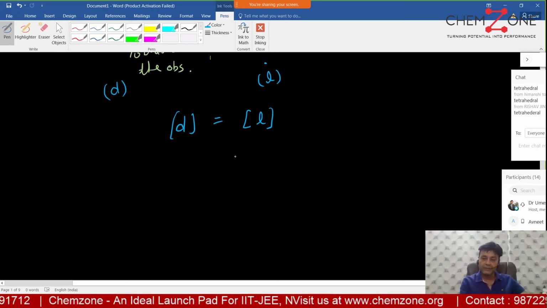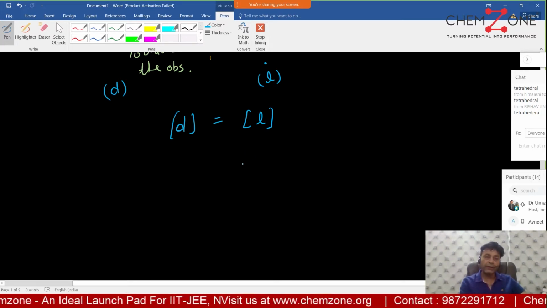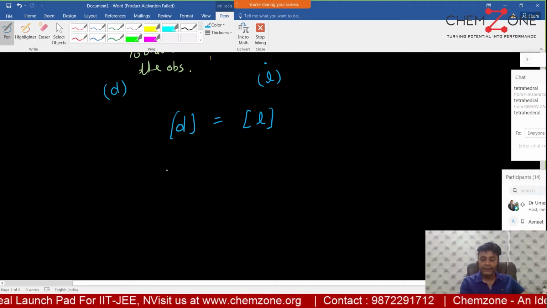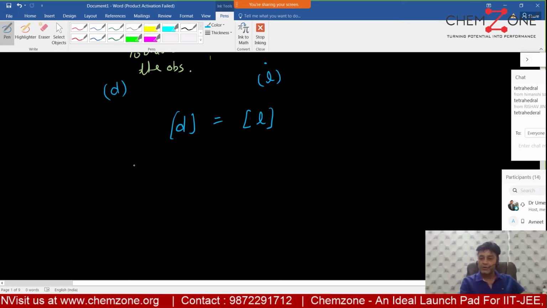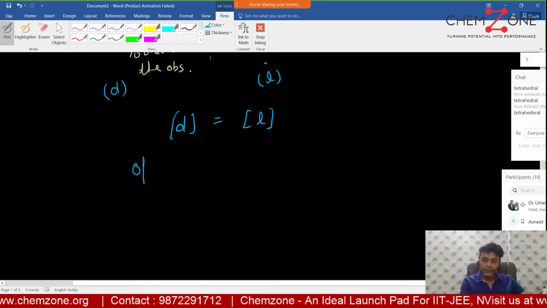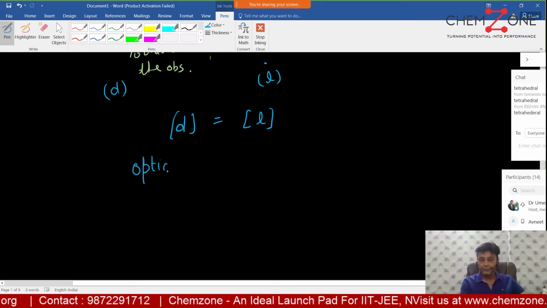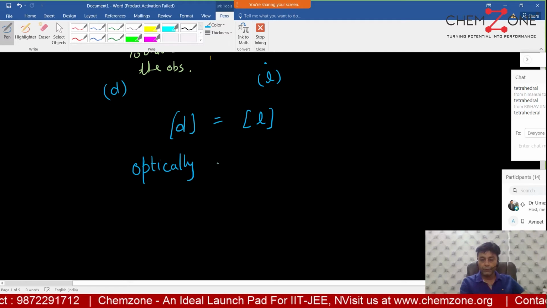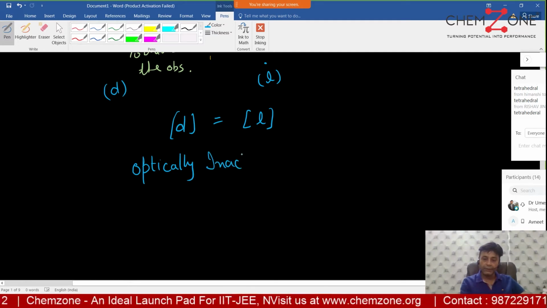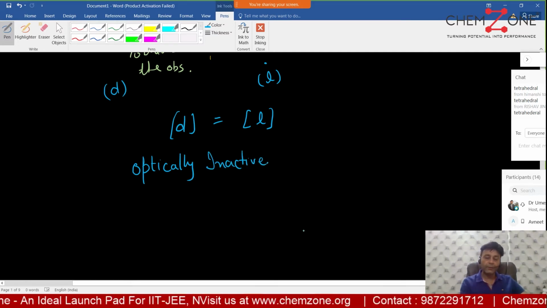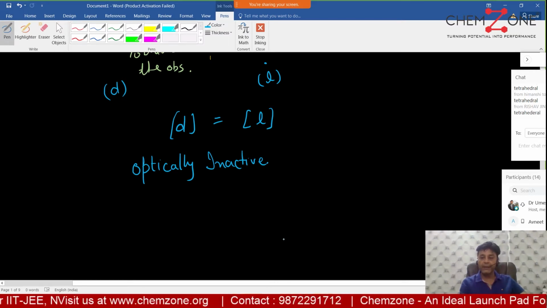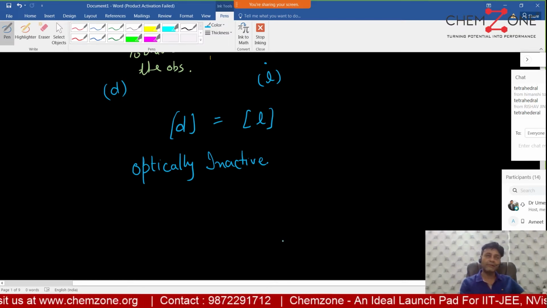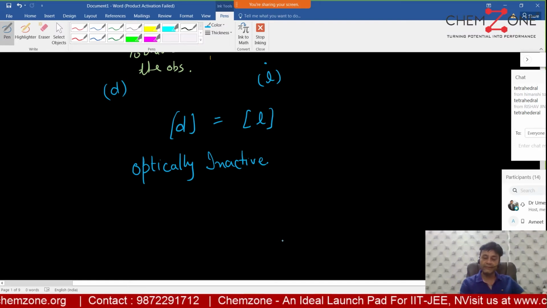Half towards the dextrorotatory, the other will be the levorotatory. In that case, this solution will be optically inactive again, because half the number of molecules deflect the plane polarized light toward the right-hand side and half toward the left-hand side.